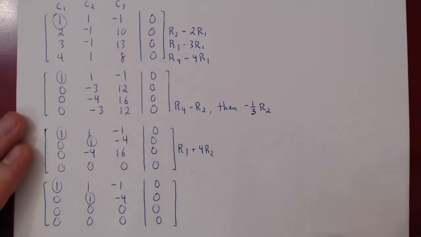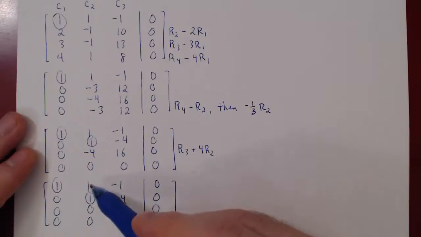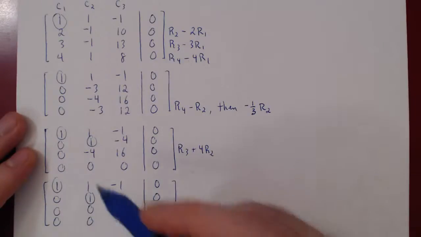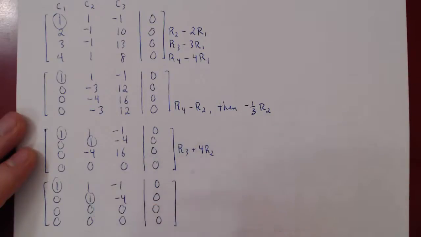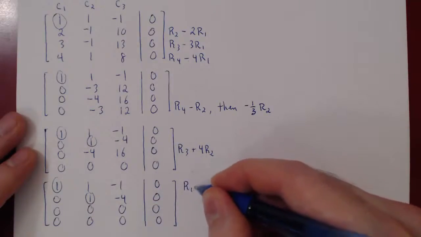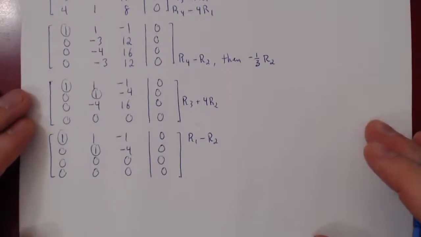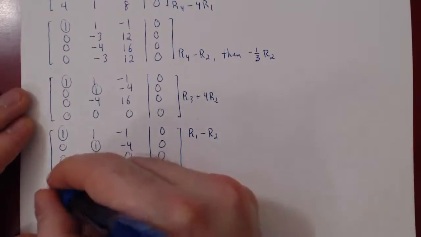We're almost done the reduction. Finally, well, we can't get a third leading 1. And so we can do row 1 minus row 2. And this will then give us the reduced echelon form of our augmented matrix.